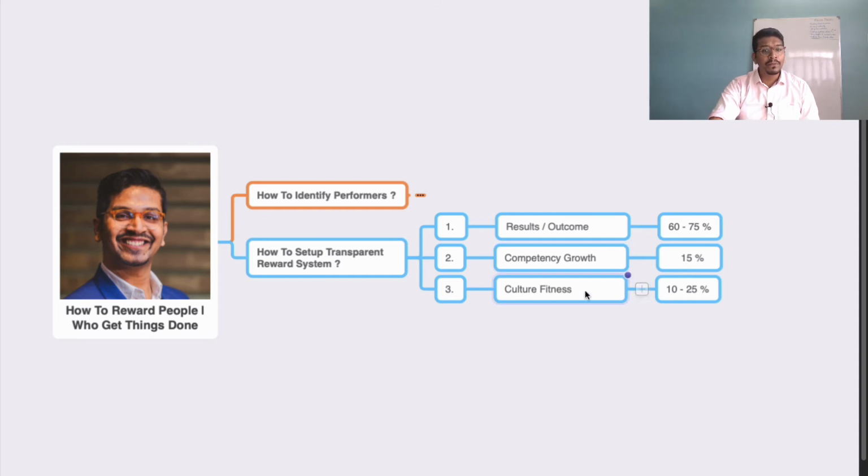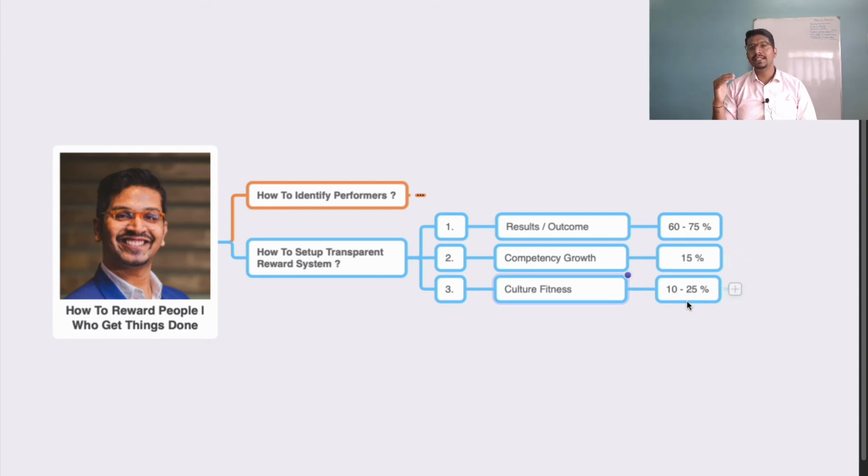And if they are also behaving in the right manner, the way they are required to behave in the organization, give them 20 to 25%. If that person is of a managerial position, then allocate 25% to it. If they are on the execution level, allocate 10% to it. So similarly, 10,000 could be distributed accordingly.